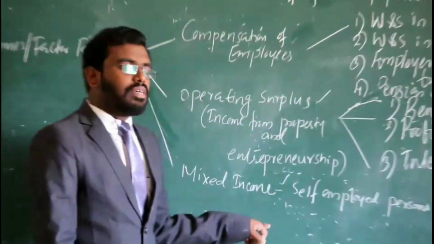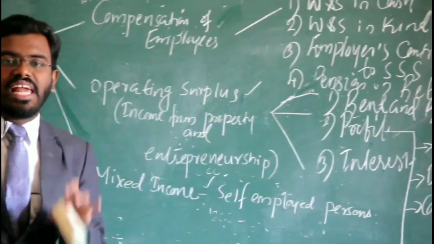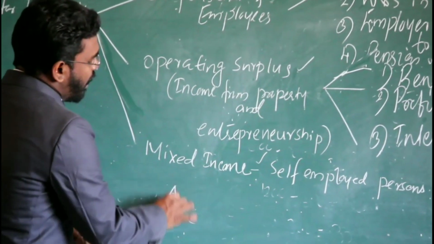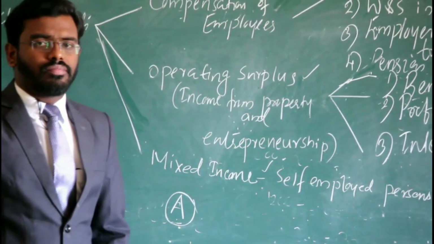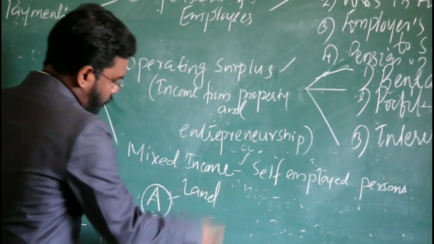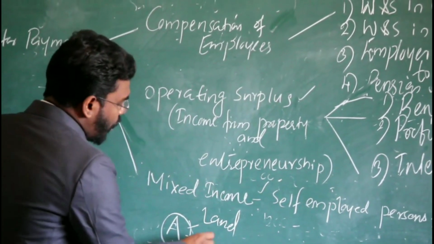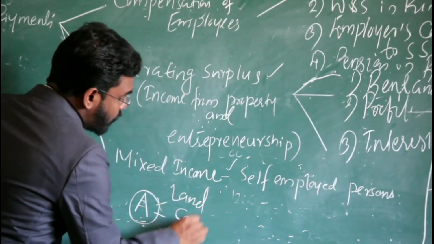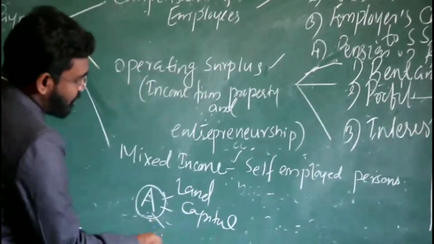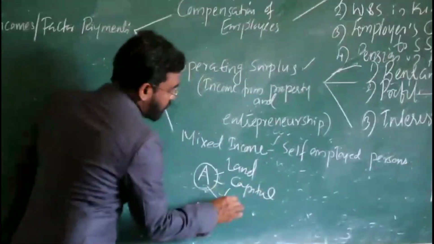Mixed income means income of a self-employed person. For example, suppose individual A started his business on his own land, and he contributed his own capital for starting this business, and now he is working as a laborer in his own business organization.